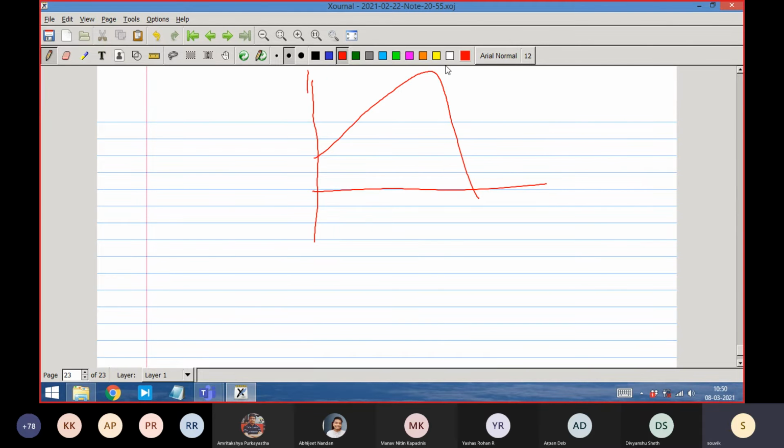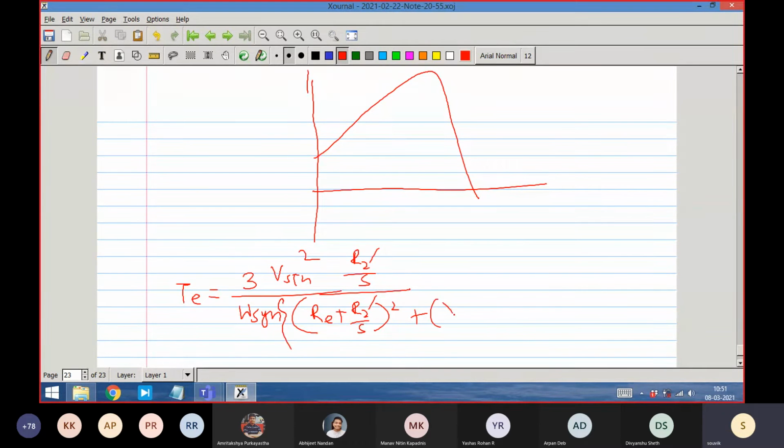Now I have another question. The torque expression is 3 Vs Th square by omega sync, into R2 dash by S, divided by Re plus R2 dash by S, whole square, plus Xe plus X2 dash, whole square. That is the expression.